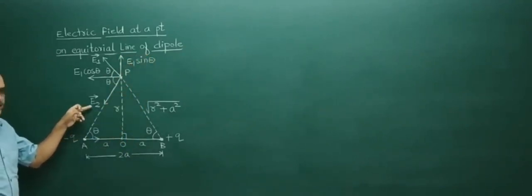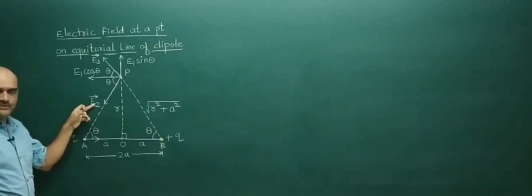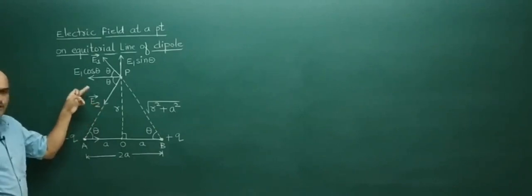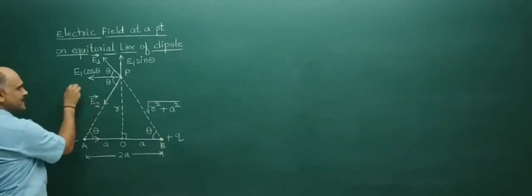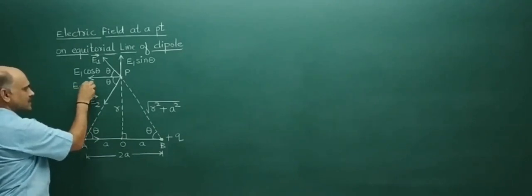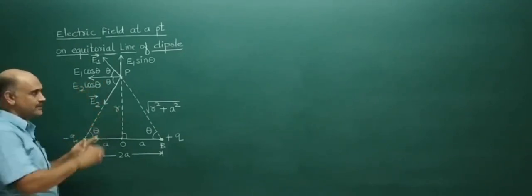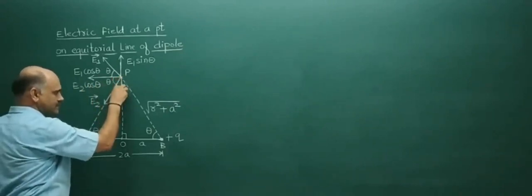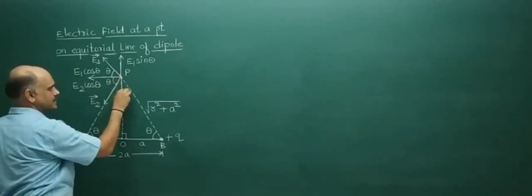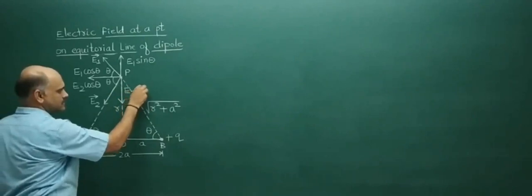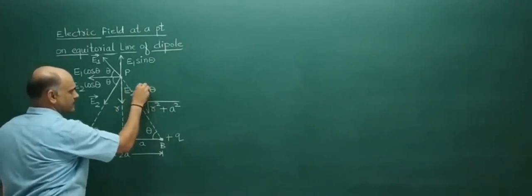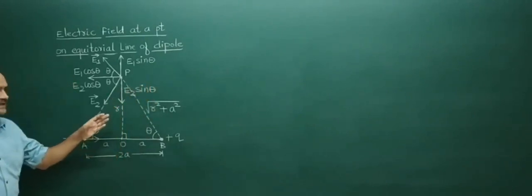Similarly, if I resolve E2, the horizontal component of E2 will be E2 cos theta, and the vertical component of E2, acting downwards, will be E2 sin theta. So the figure is clear, students.